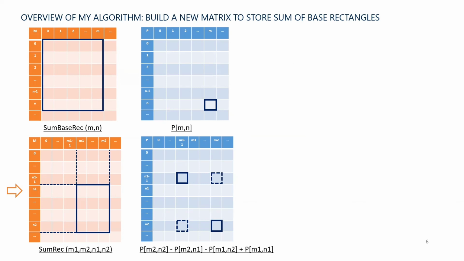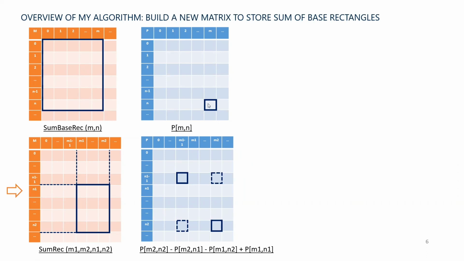Now build a new matrix to store some of the base rectangles. I created a new matrix called P to store the sums of all the base rectangles. So P will be the same size as the original matrix M. Each cell of P will store the sum of the base rectangle with its bottom right corner in that cell.